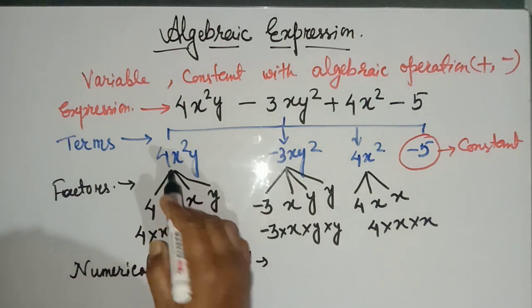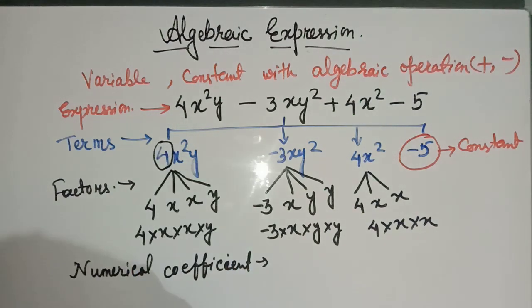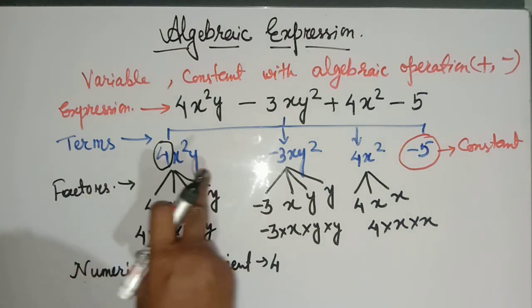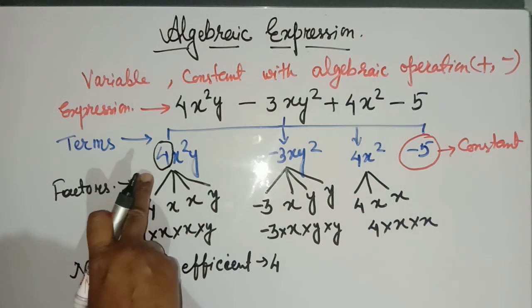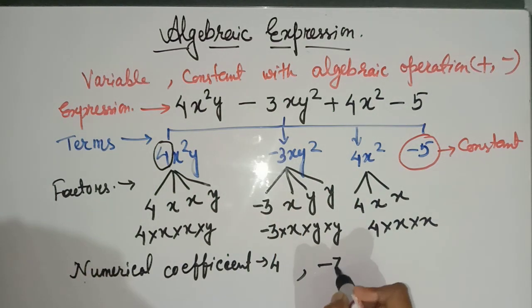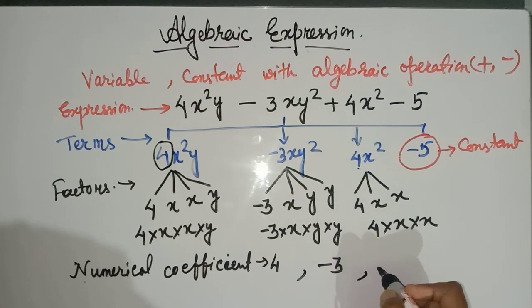Numerical coefficient means you have to find out the number, only the number. So the first numerical coefficient is 4. The first term contains the numerical coefficient 4. For the second term, the numerical coefficient is minus 3. For the third term, the numerical coefficient is 4. Okay. So in this way you can calculate.